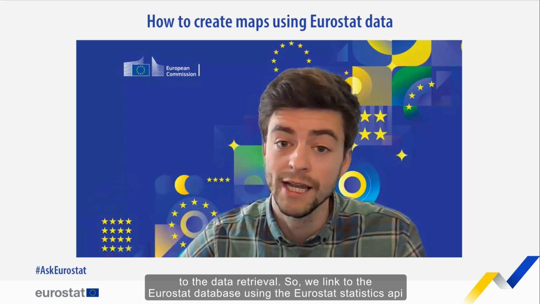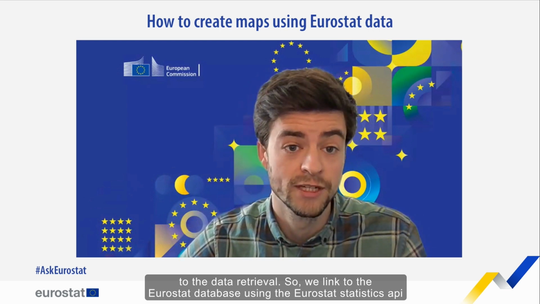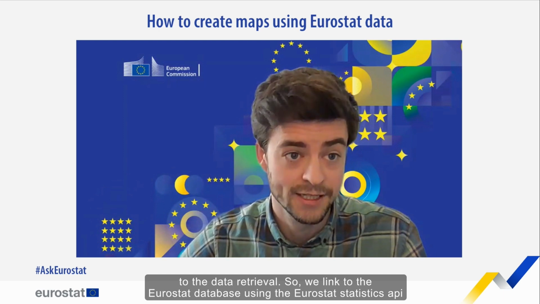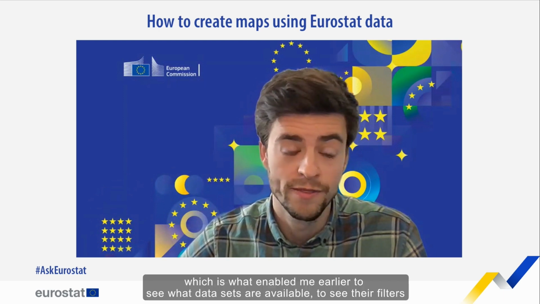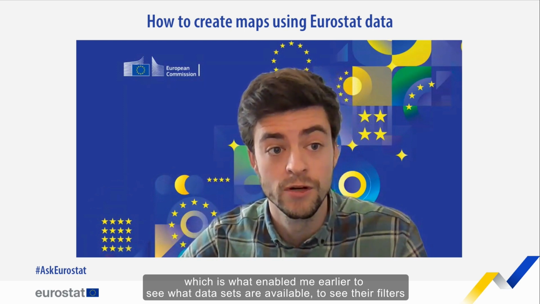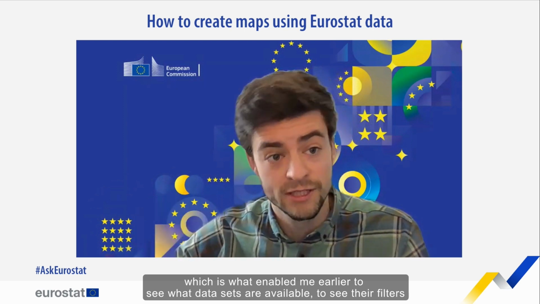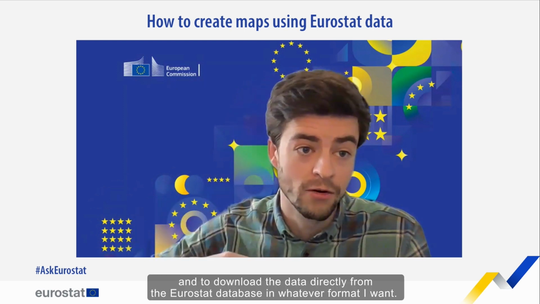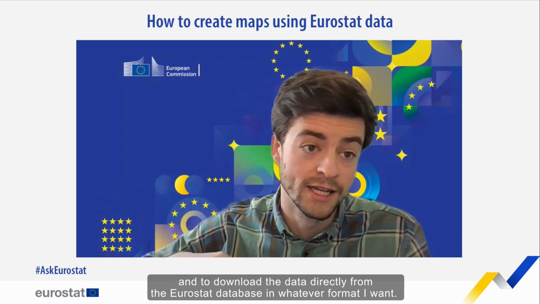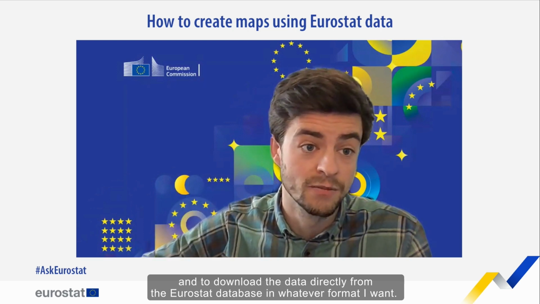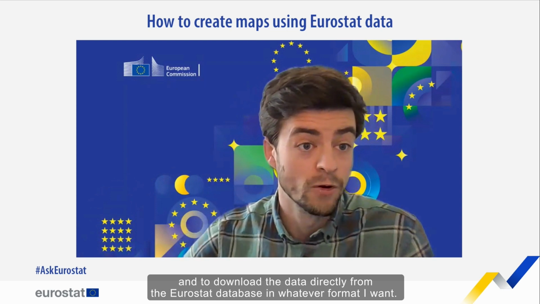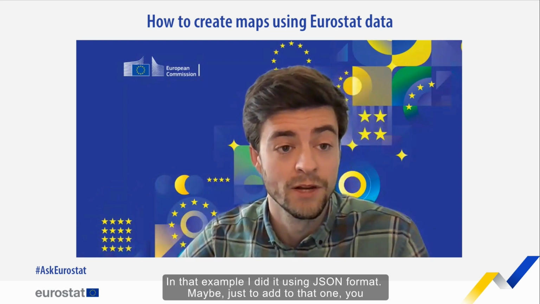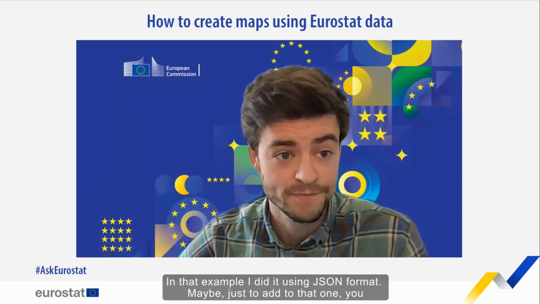So we link to the Eurostat database using the Eurostat statistics API, which is what enabled me earlier to see what data sets are available, to see their filters, and to download the data directly from the Eurostat database in whatever format I want. In that example, I did it using a JSON format.